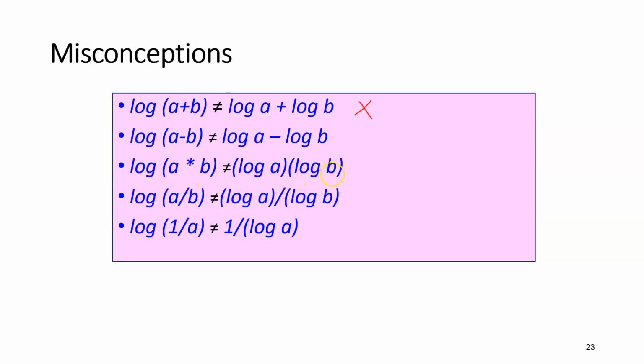This is totally wrong, not the same. Okay, log a divided by log b, not this one. This one should be log a minus log b, right? We learned it just now. This is how it should be. And log of 1 over a is not equal to 1 over log a.